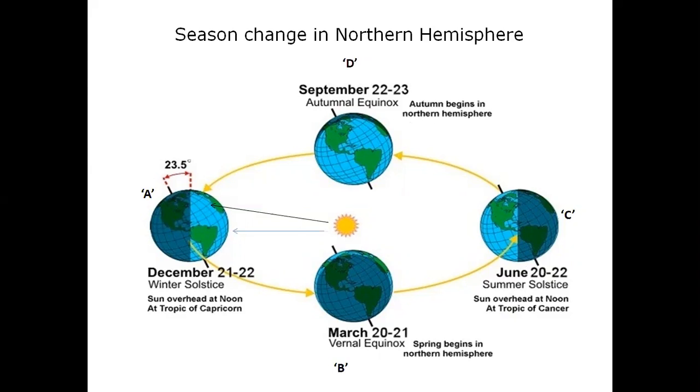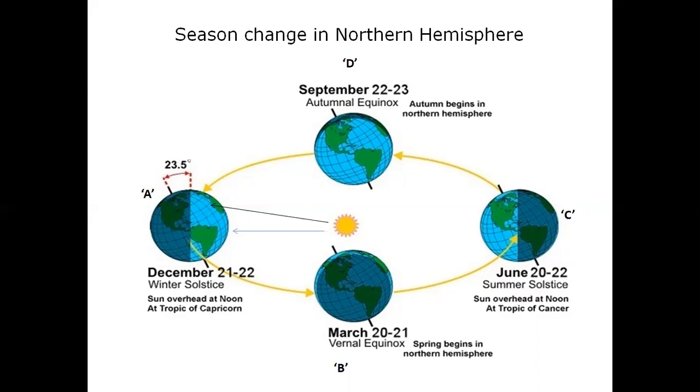From this picture, I'll show you how seasons change in the Northern Hemisphere, and we'll compare it with the Southern Hemisphere, because the seasons that occur at these 2 hemispheres are the exact opposite. So if winter is occurring in the Northern Hemisphere, there's summer in the Southern Hemisphere.